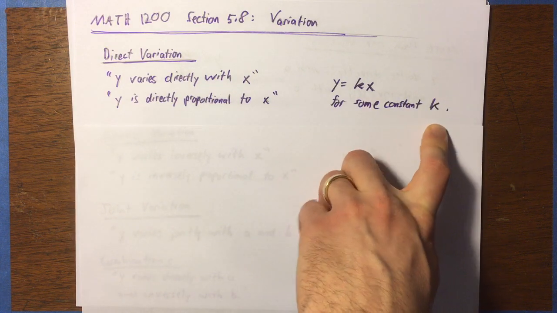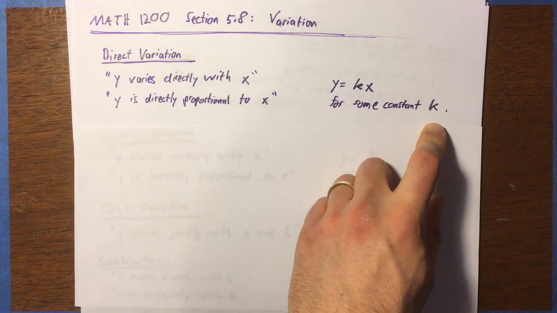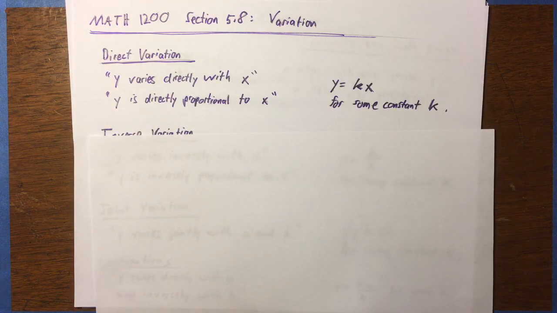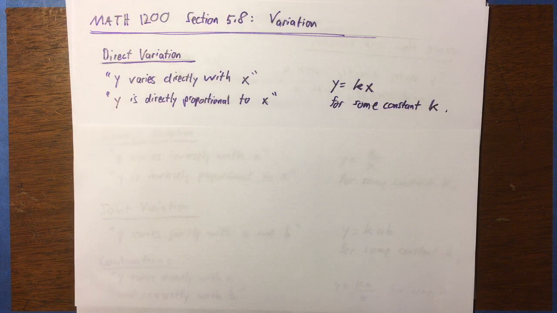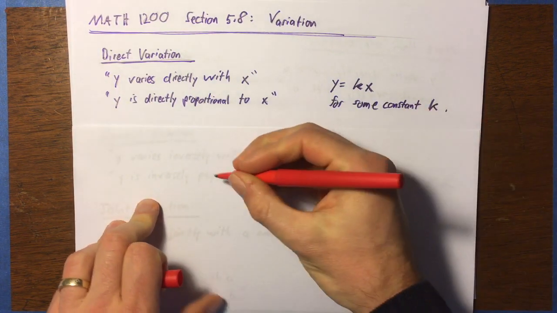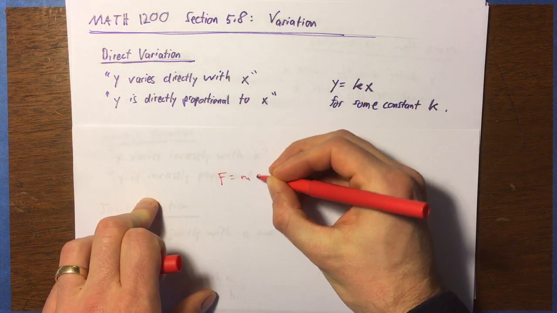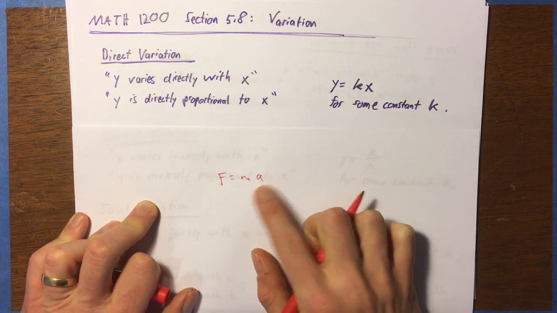That constant k is called the constant of proportionality. Depending on the situation, the constant k is determined by different things. Like in the example of force, you may be familiar with the equation F equals ma, force equals mass times acceleration.